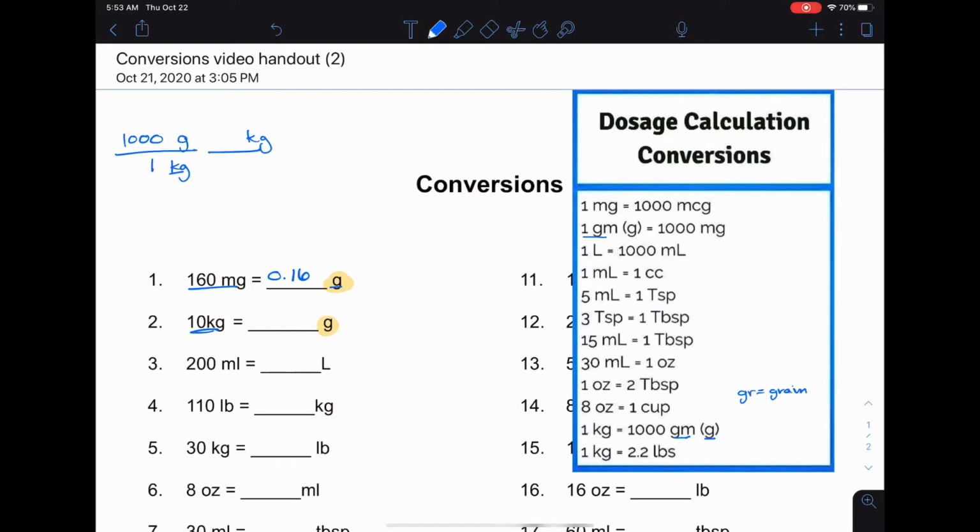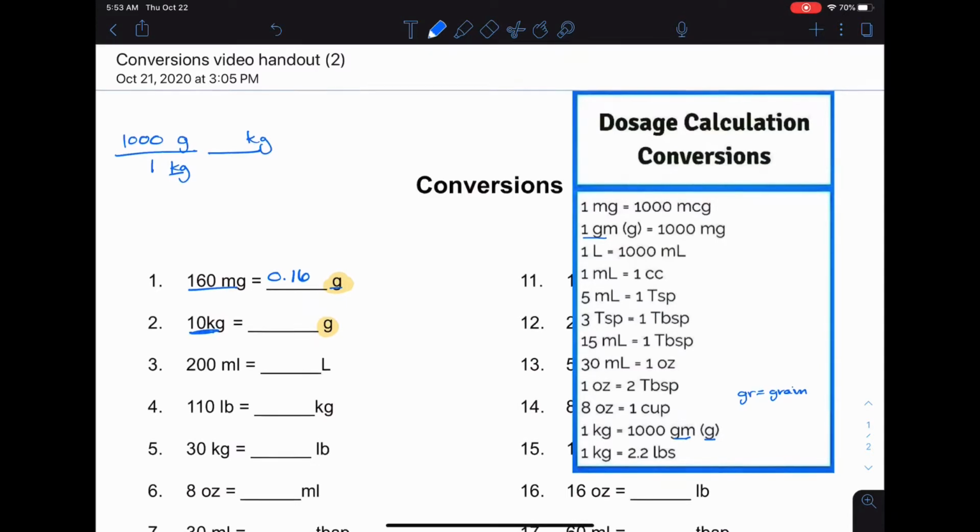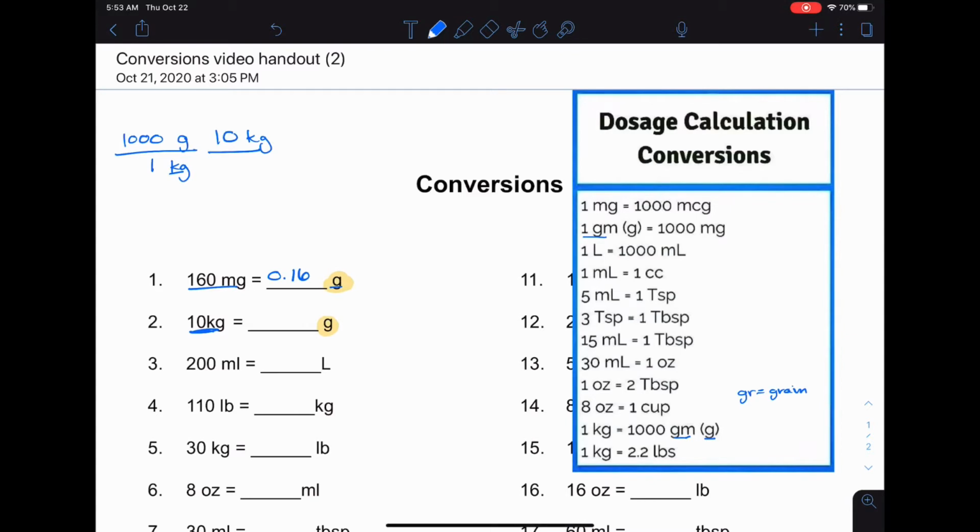And this is where I can pull in the number from my problem, 10 kilograms. Those cancel. All I'm left with in the problem now is grams, so I can put that over 1, multiply across, so that is 10,000 grams.